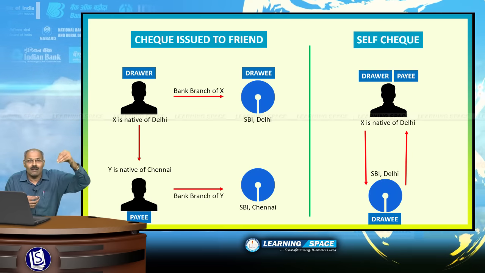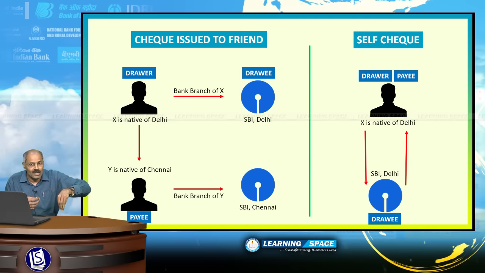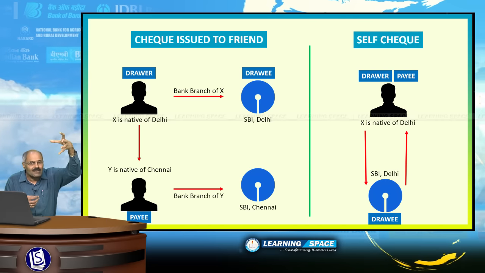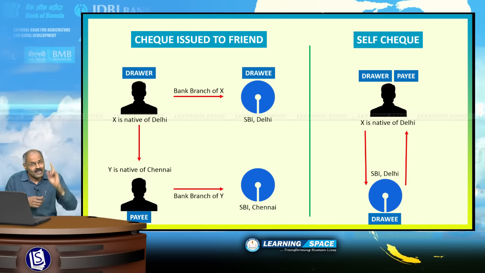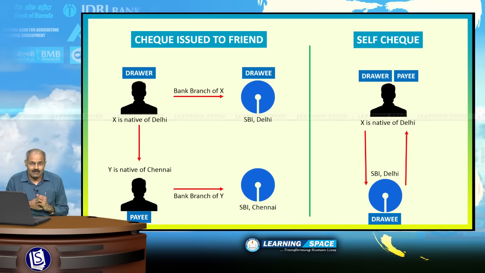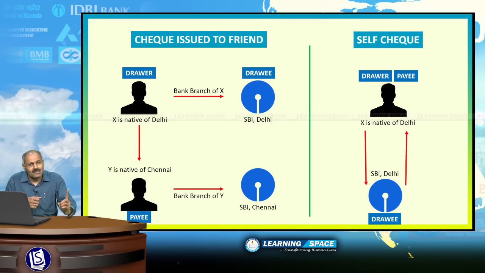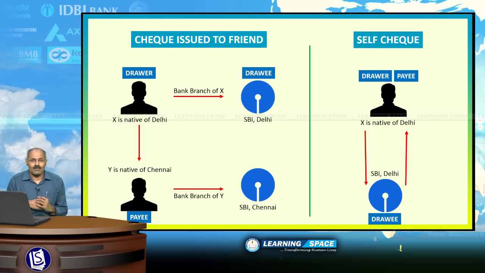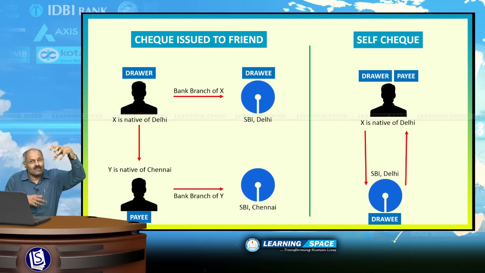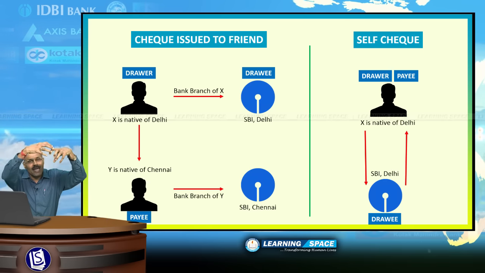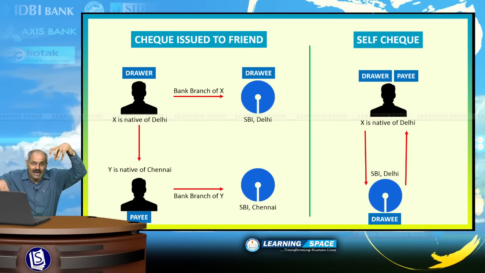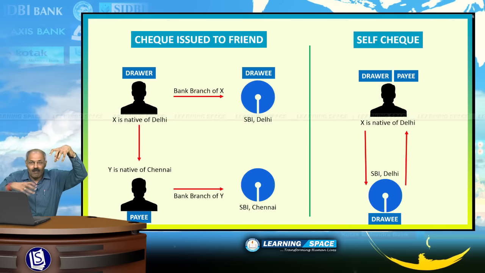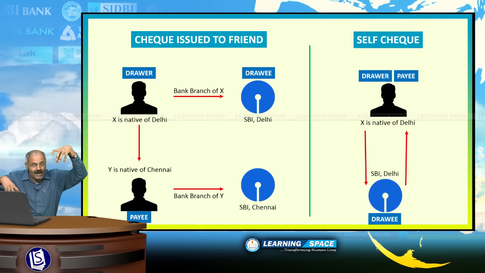His friend Y is staying in Chennai and X has given a check to Y for a value of rupees 1 lakh. X's branch is Delhi SBI and Y's branch is Chennai SBI. When the check is given by X to Y, Y will present the check in his branch at Chennai.